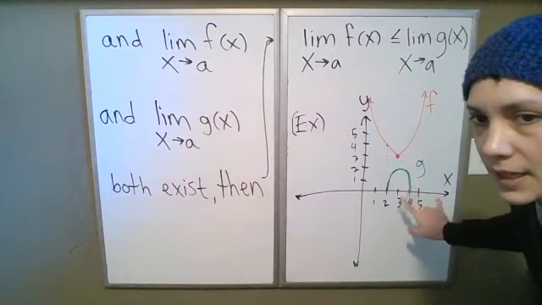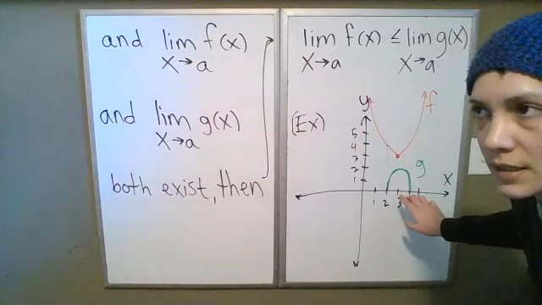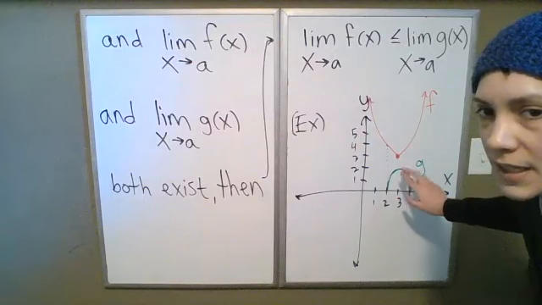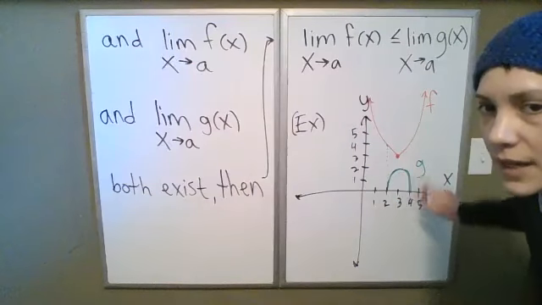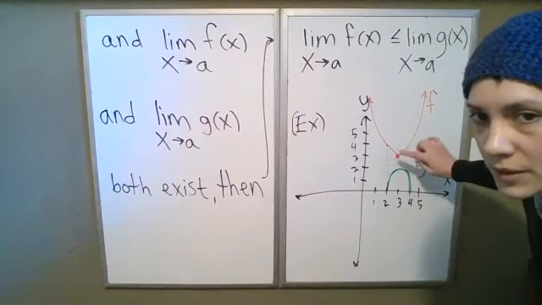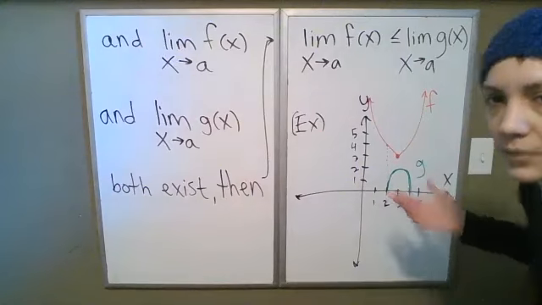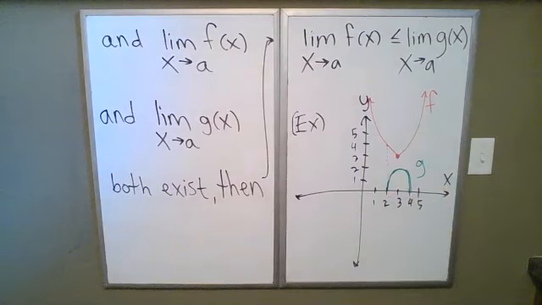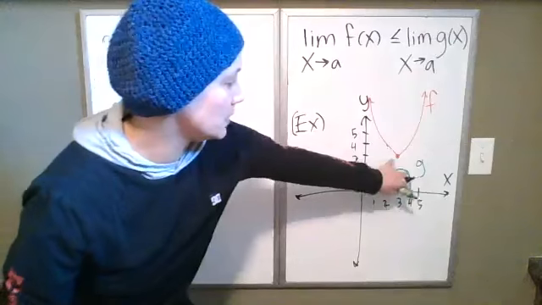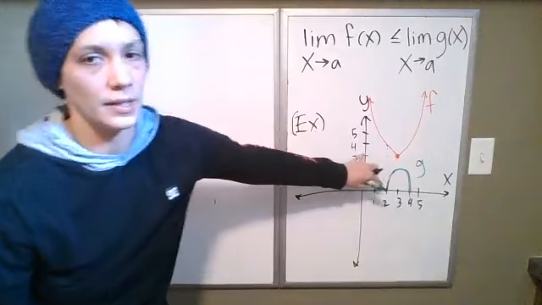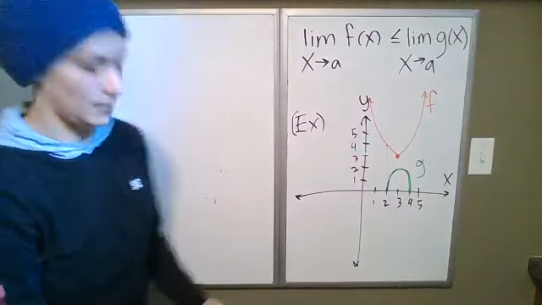Even here, as x goes to 3, for g of x that limit would be 2, and for f of x, the limit is greater than that. It's 3. Wait, the point's at 3, 3, right? Yes, that makes sense.